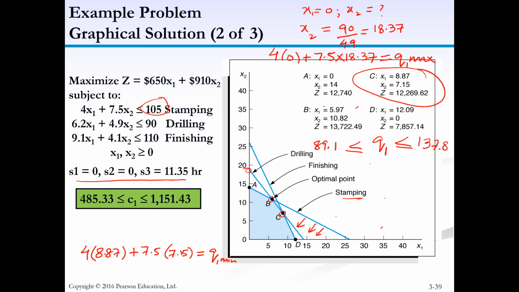This is the range over which the shadow price of constraint 1 is valid, if the right hand side varies between these two extremes.